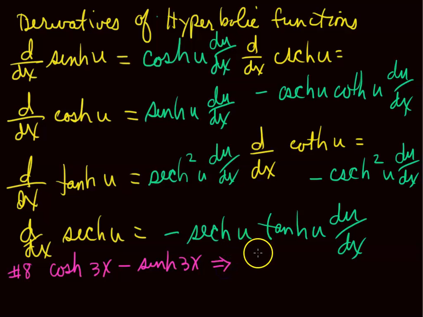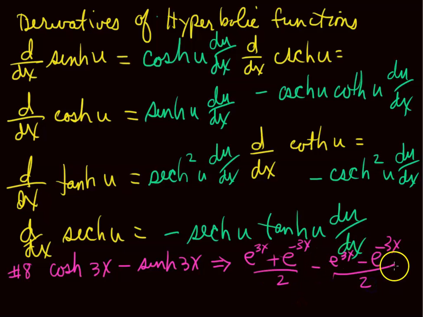Well, if I rewrite that, whatever the argument is becomes the exponent. That's e to the 3x plus, for the cosh, e to the negative 3x over 2, minus e to the 3x minus e to the negative 3x over 2. The cosh minus the sinh with the 3x's.